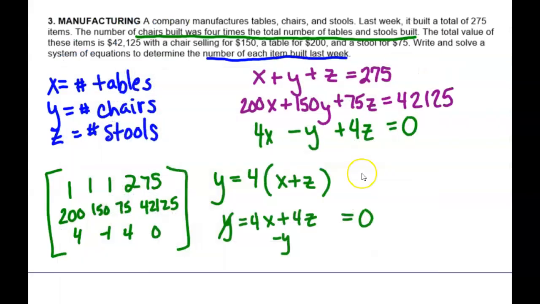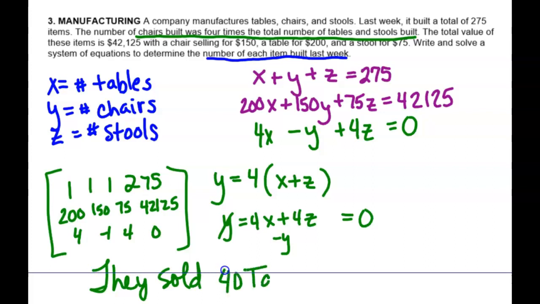So what do we write as our sentence? They sold, was it 40 or 400? 40 tables. Was it 2 something? Oh, 220 chairs. 15 stools.